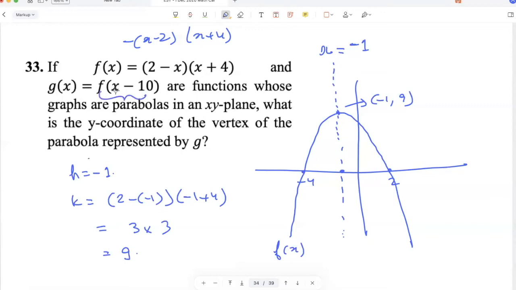Because g(x) is f of x minus 10. So I'll shift this 10 units to the right. So this is where g(x) will come. Minus 1 plus 10 would be 9, and 9, right? So the y coordinate would be 9. It won't change. So that's my answer, 9.